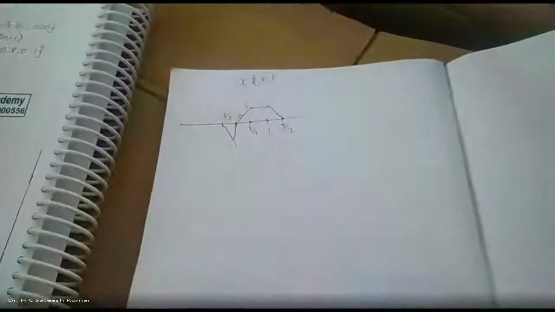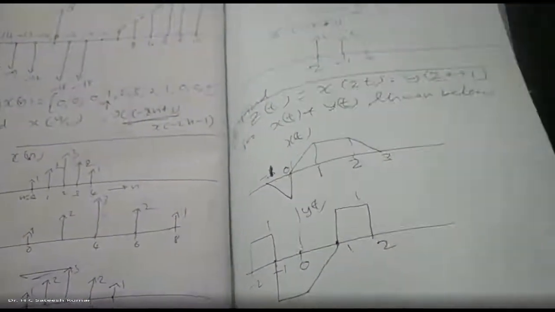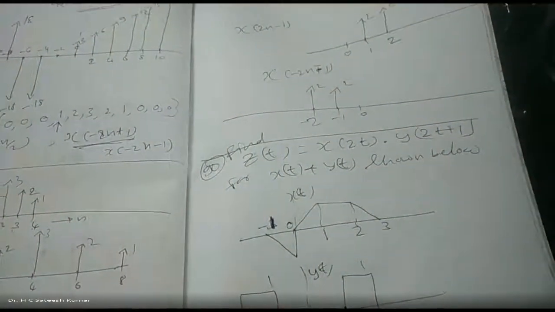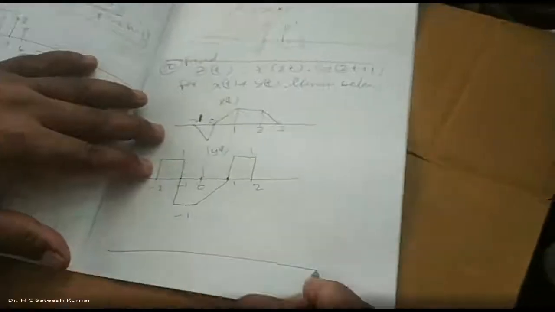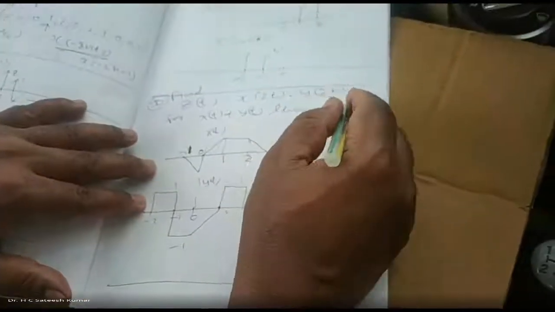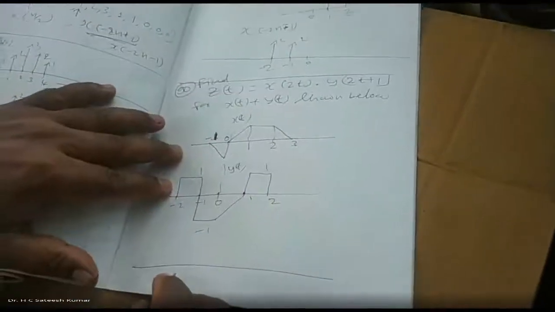Now, okay, keep it aside. Now you go for y of t. What is the problem asking? Multiply x of 2t with y of 2t plus 1. First you do the y of t plus 1. Here itself I'll do it. Later after scaling I'll put it there. T plus 1 means shift left by 1 unit.